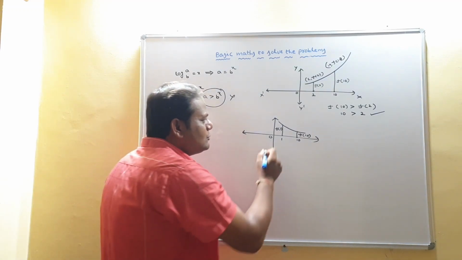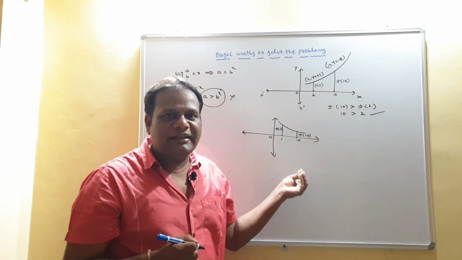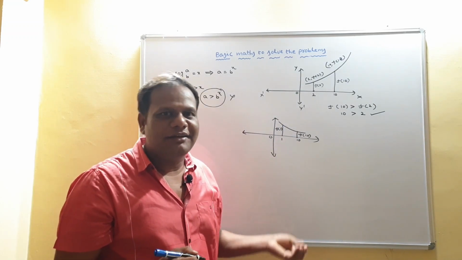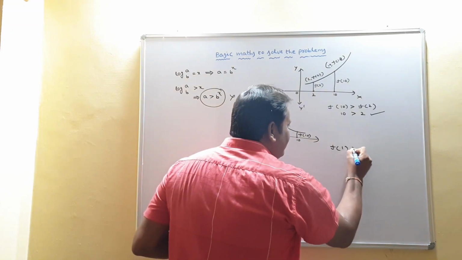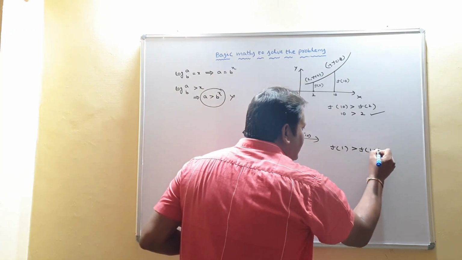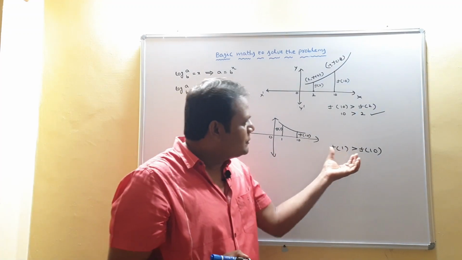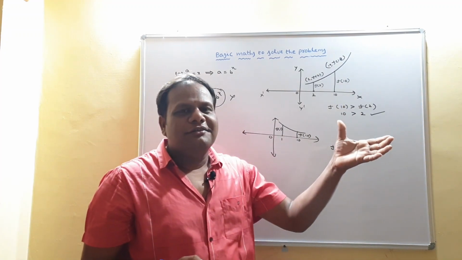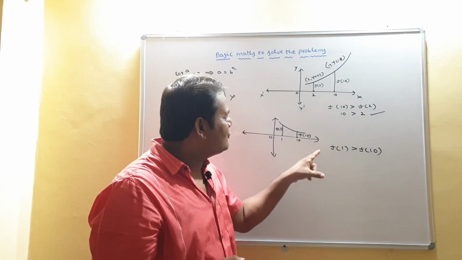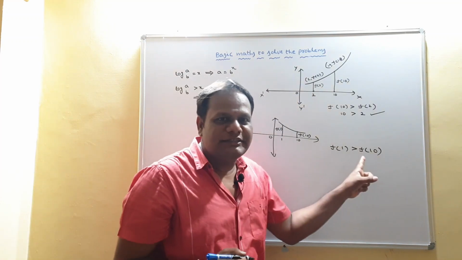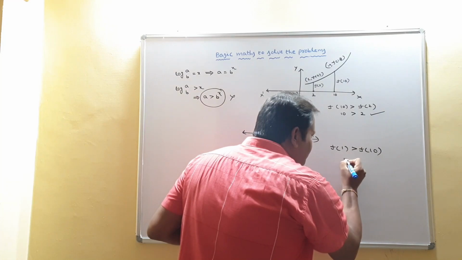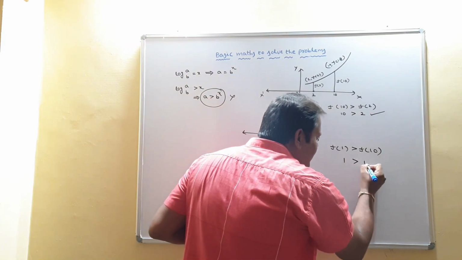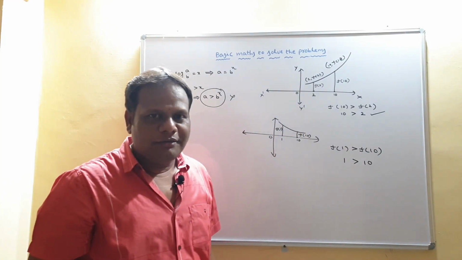Here you observe which is greater, f of 1 or f of 10? Yes, f of 1 is greater. So here f of 1 is greater than f of 10. Suppose you remove the function on both sides, and we also know that it is a decreasing function. If you remove the function on both sides blindly and write, what we get is 1 greater than 10.